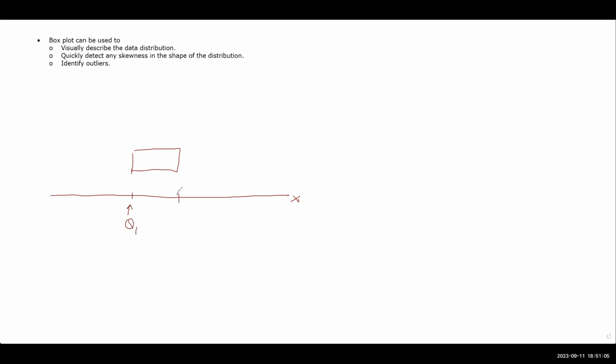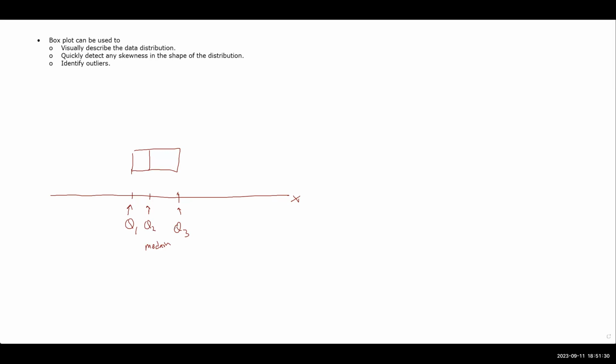The upper portion of the box is Q3, or the upper quartile. Somewhere in here, you draw a line, and this line is the second quartile, or the median. So this box provides the lower quartile, the upper quartile, and the median.